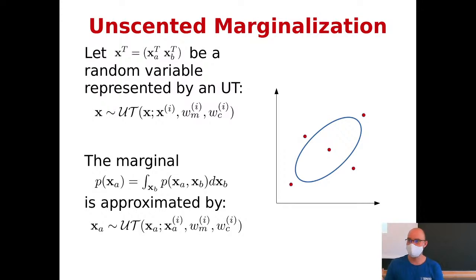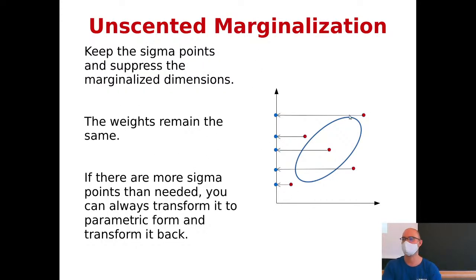This operation is just a consequence of that, because basically you have to take each of these sigma points, and imagine that this is xb and this is xa. You have to suppress the xb components from the sample, right? Of course, you will have a dimensionality reduction, so you will find more sigma points than you need to minimally represent this distribution.